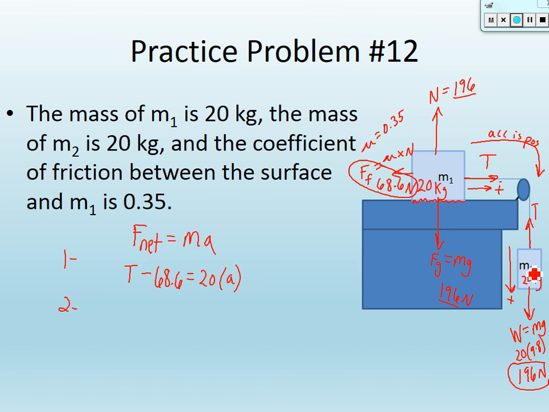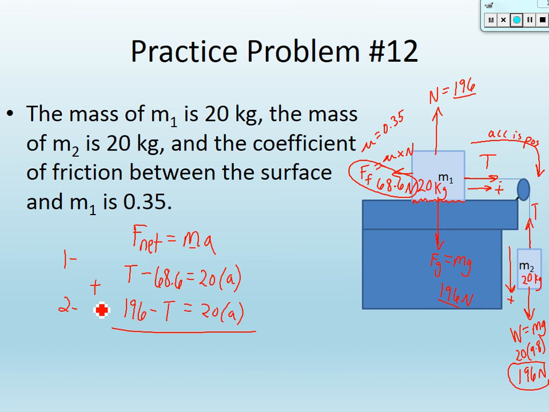Let's go to M2. What was positive here, guys? Tension or the weight? We said that down was positive, so now we're going to put positive 196 and subtract off what's going up, in this case tension. And that's going to give us our net force. And so now we have mass, which was 20, times the acceleration.